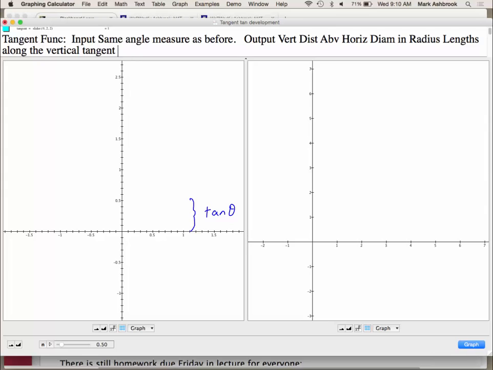So we'll say the vertical line tangent to the circle at the 3 o'clock position.